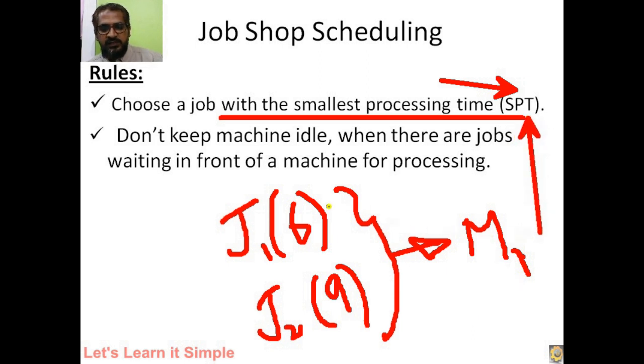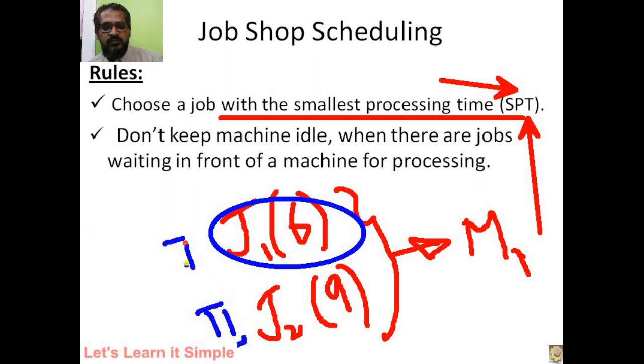Therefore, the job with 6 units will be selected first and the other will be second. This is what rule number 1 says.